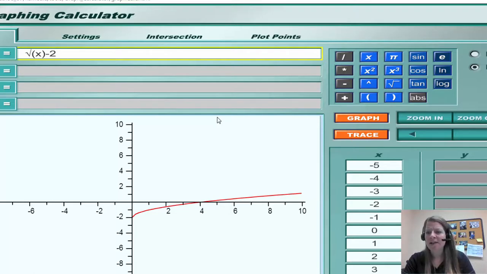I don't think I can do a third root, darn. I can do a third root a kind of different way. That's okay, and it's okay to show you this too. I can say x to the power, using the caret, this one here above the 6, and I'm going to say to the power of 1/3. Let's look at the third root.